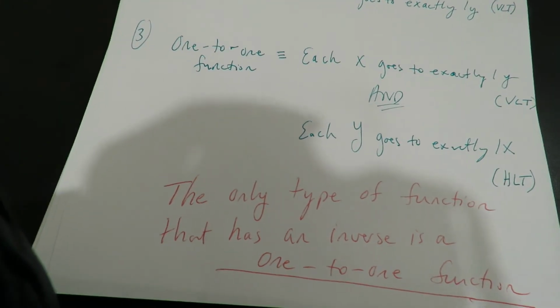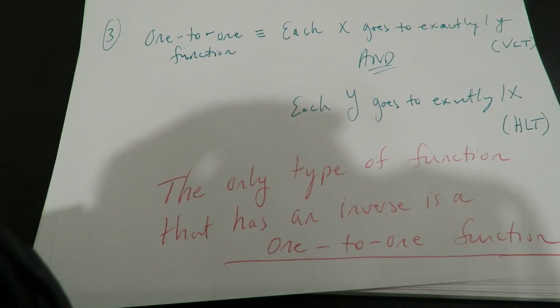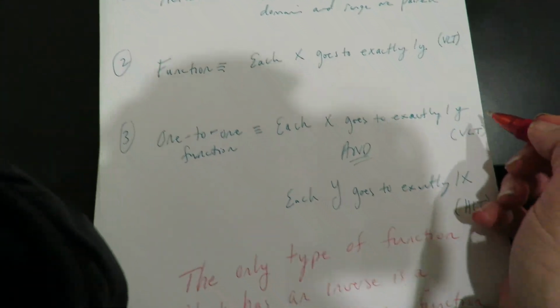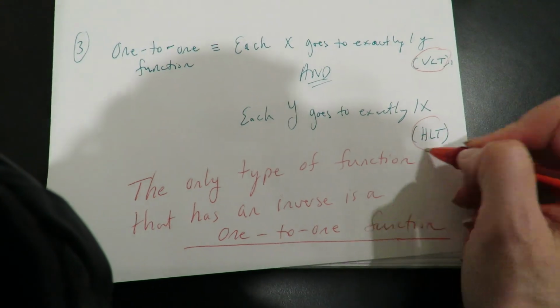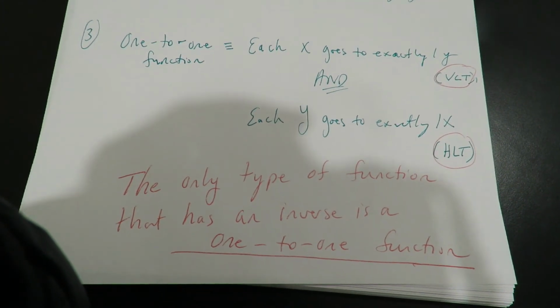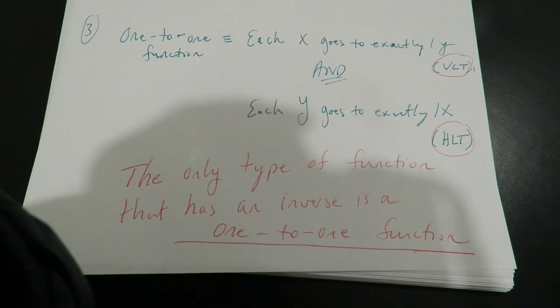Okay, so that third case is the only type that is a one-to-one function. And like we just said, that has to pass both the vertical and the horizontal line test. So that's a pretty special type of function.